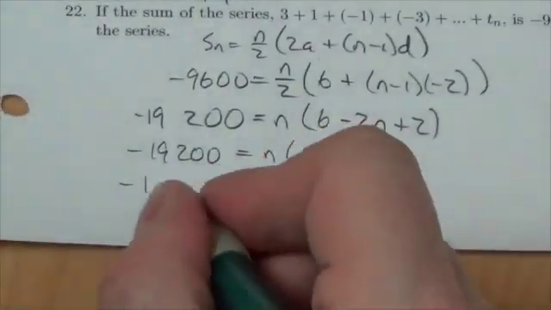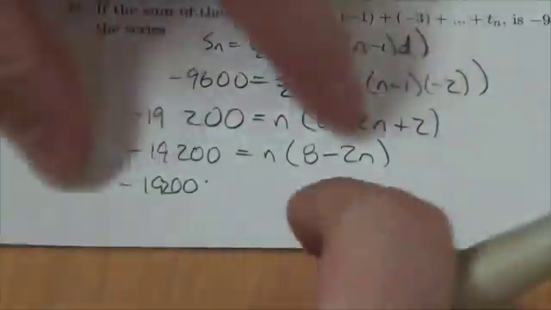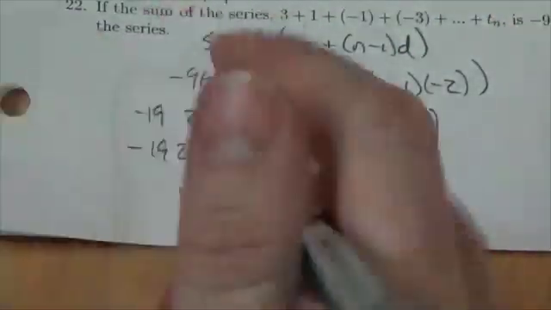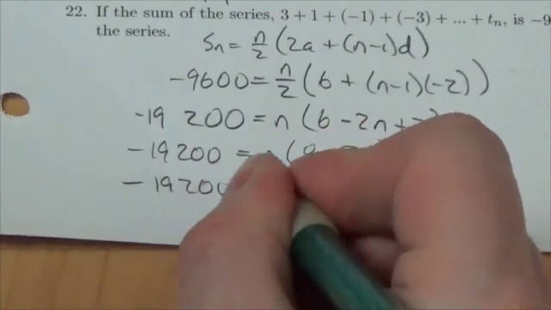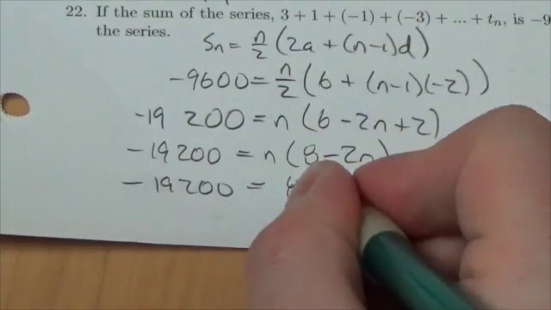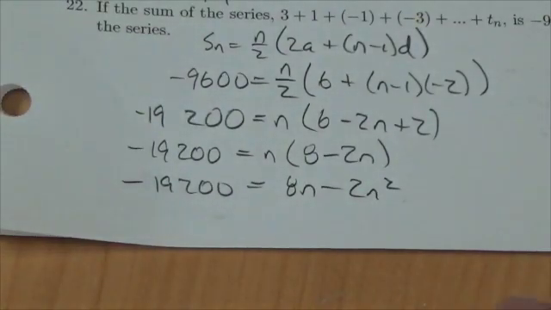Oops, sorry, I'm going to erase that because it doesn't look all that good. Okay, I'm going to get negative 19,200 equals 8n minus 2n squared. Oh, and lo and behold, there it is, everybody.